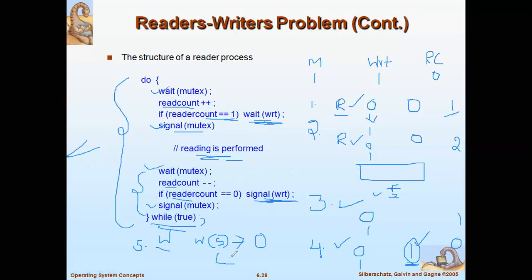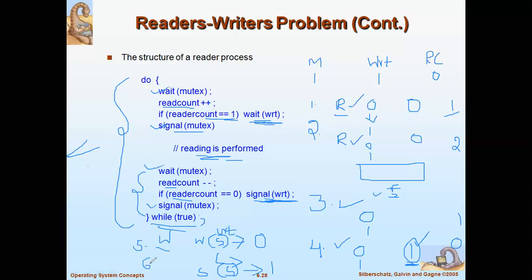It can then write into the file, and then when it wants to come out, it can execute signal WRT, sorry, it is WRT, and then it will be set to 1.